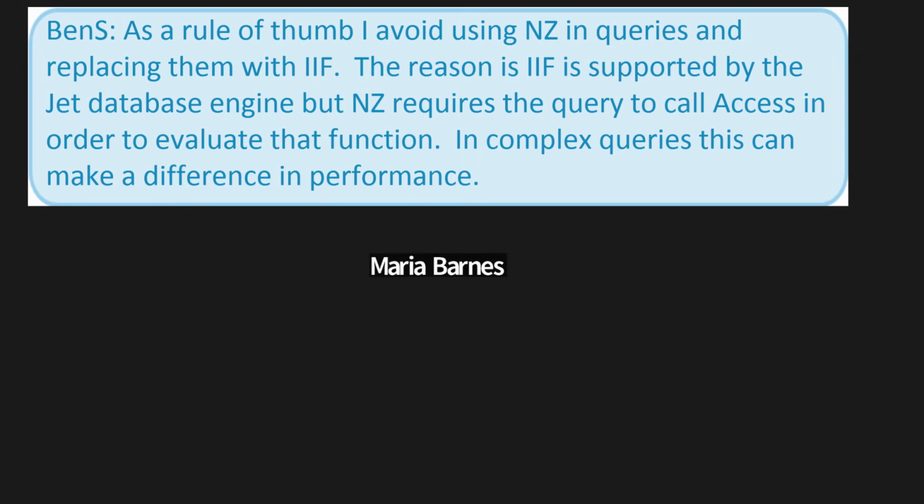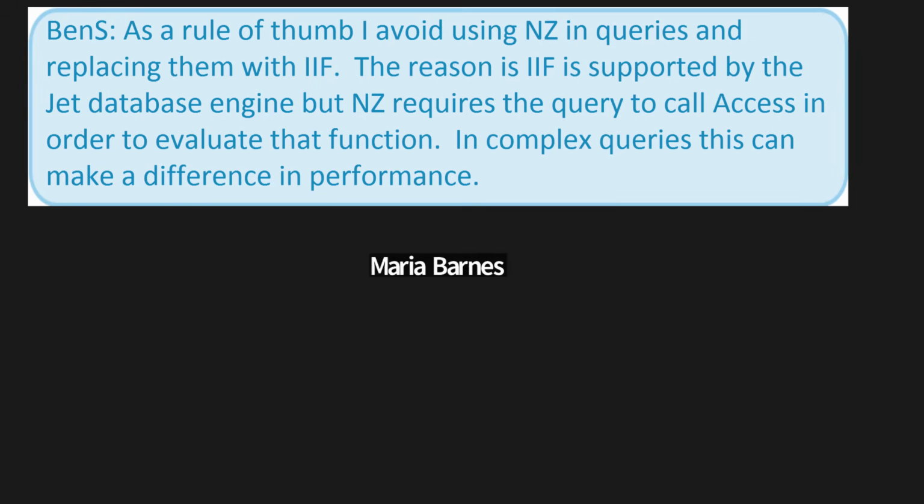Related to what Adrian was just talking about with some of the differences between expressions and functions, Ben mentions that as a rule of thumb, he avoids using NZ, which is like the null zero in queries, and he uses IIF instead.